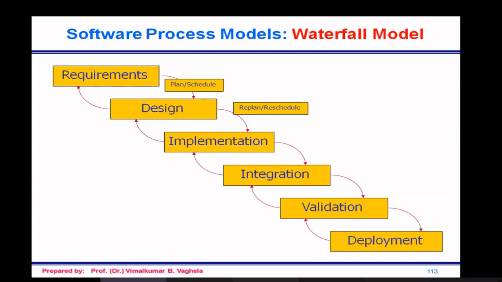First, we will get all the requirements, then plan for the product, and then design. Then we will ask the customer whether the design is okay or not. If he tells us to improve something, then we will replan and redesign it. And once the customer says the design is okay, then we will go for implementation.